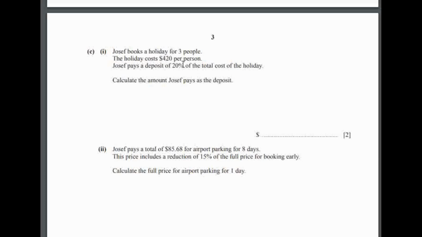This 420 is for one person. In order to find for three people, we have to multiply 420 by 3. So 420 multiplied by 3, 3 twos are 6, 3 fours are 12, so it comes out to 1260.